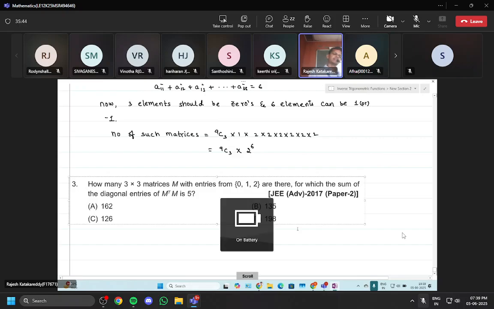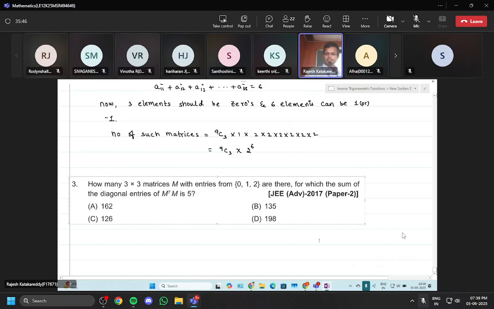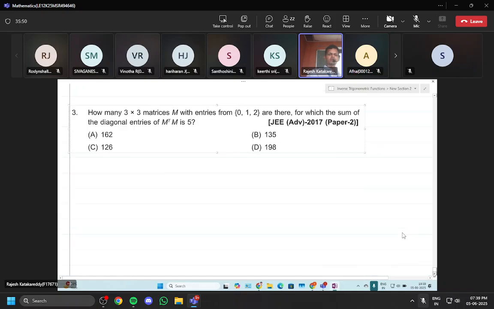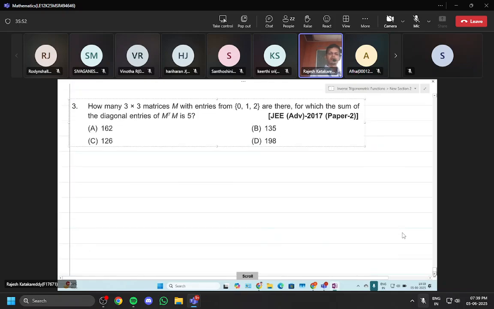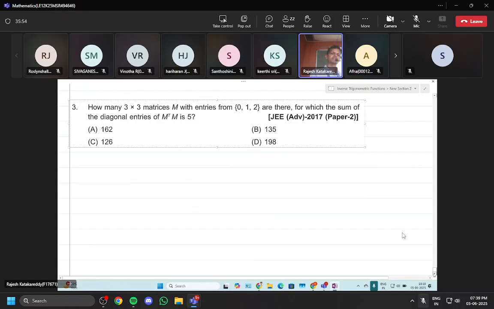So what is given? How many 3 by 3 matrices M with entries 0, 1, 2 are there, for which the sum of the diagonal elements, that is the trace of M transpose M, should be equal to 5.